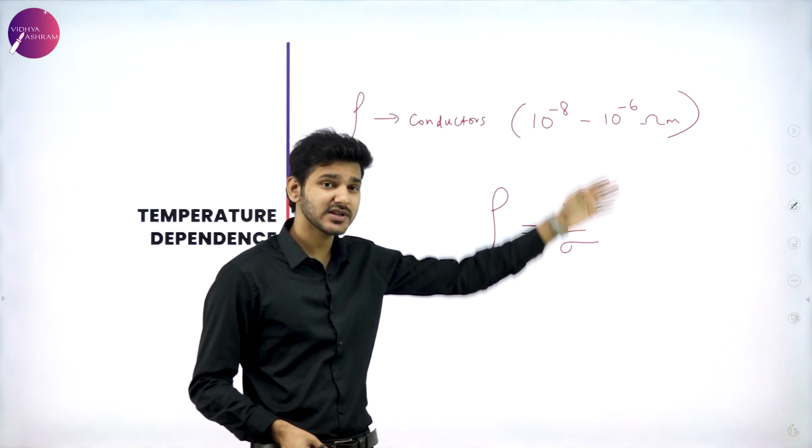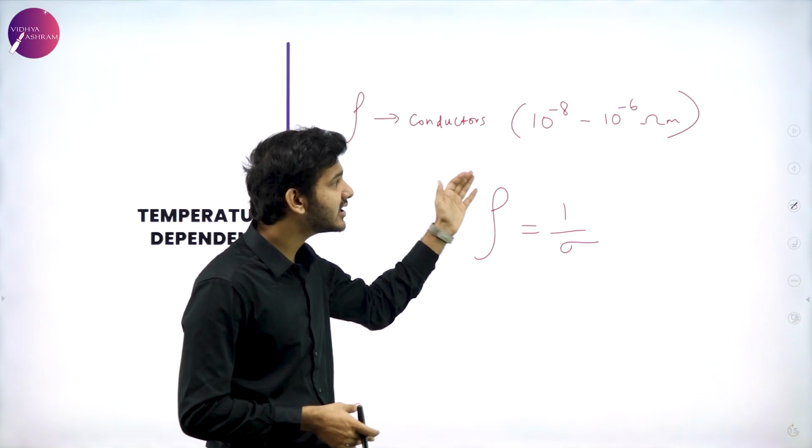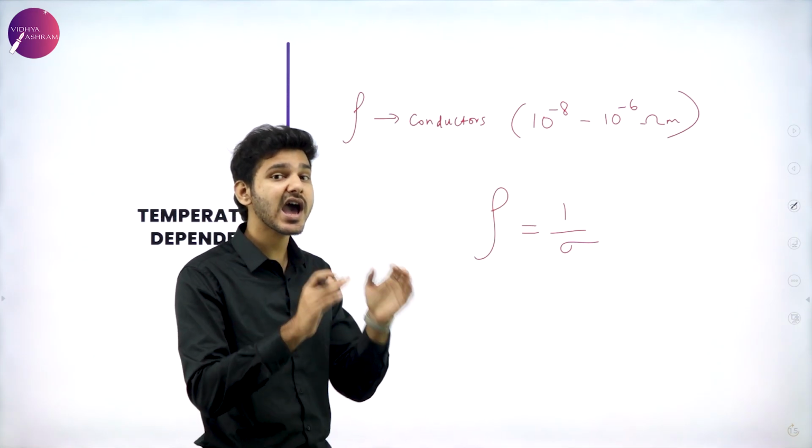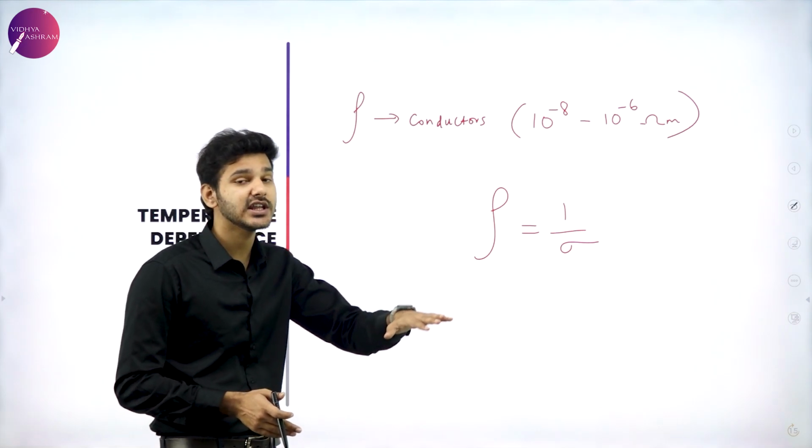So we can say that the conductivity of conductors is high, which means that the resistivity of conductors is very low.